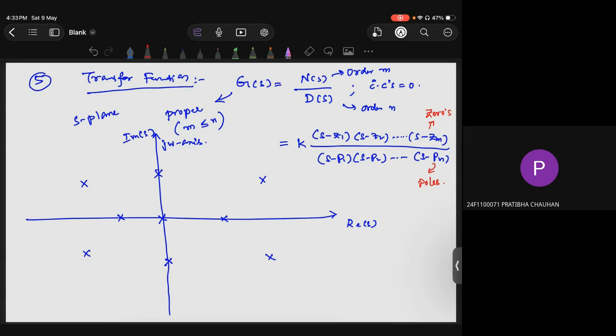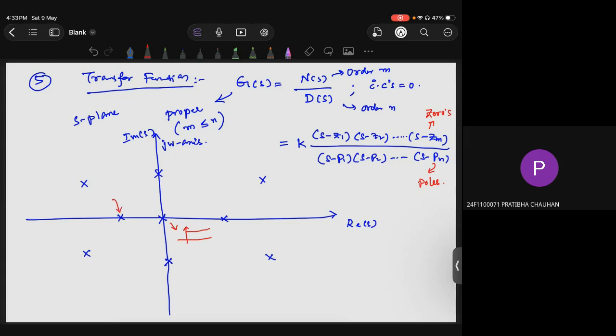So how would the response be like? This one is a pole at s equal to 0. What function is that? 1 by s, correct? 1 by s is the Laplace transform of the unit step. What about this?